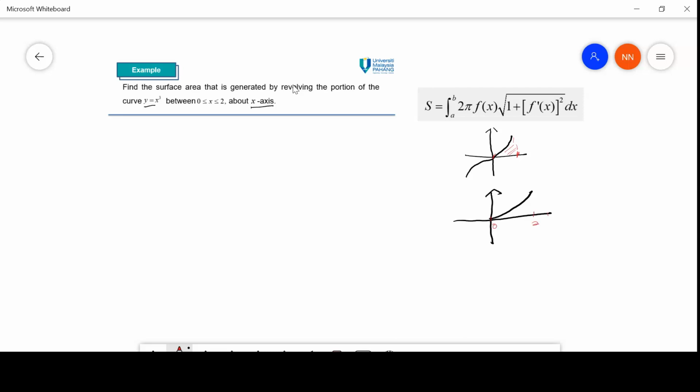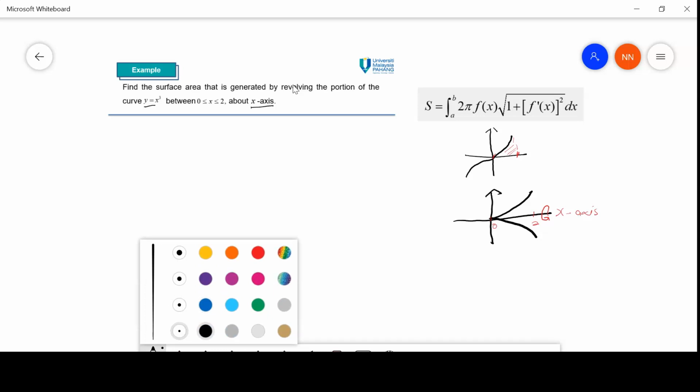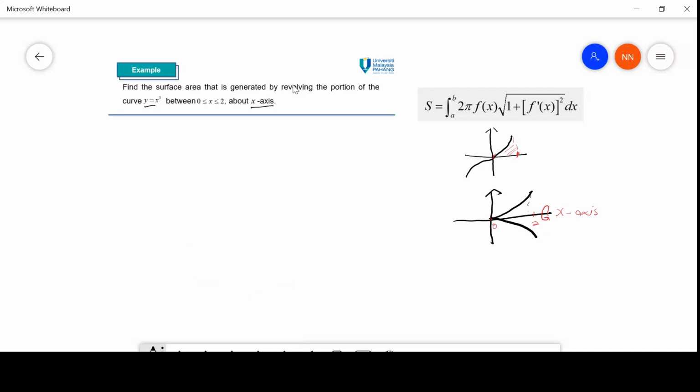So if I revolve it about the x-axis here, I should have something with the same pattern here because of the azimuthal symmetry. So I should have something like this.